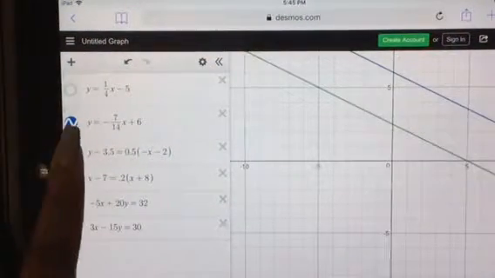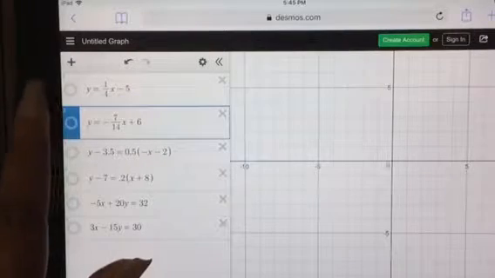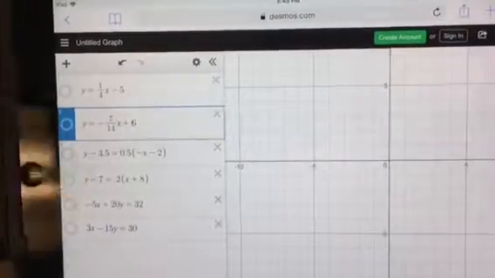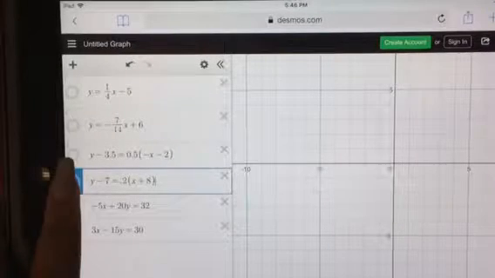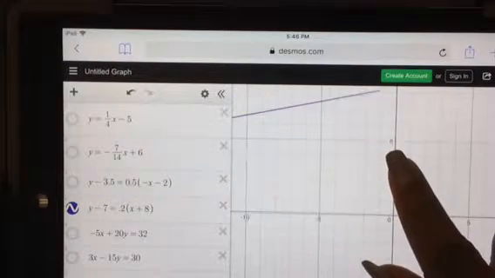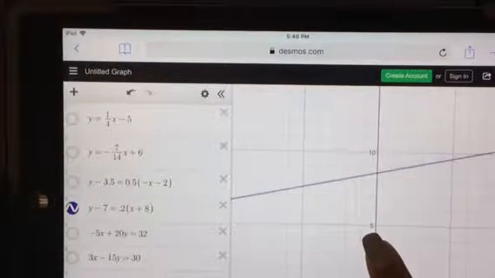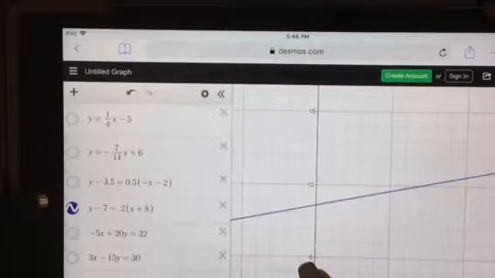So I'm going to get rid of those two lines by pushing the circle. The next one, let's see what this slope is. Oh, that line is way up there, so I'm going to pull my graph down. See where it crosses on the crosshairs.